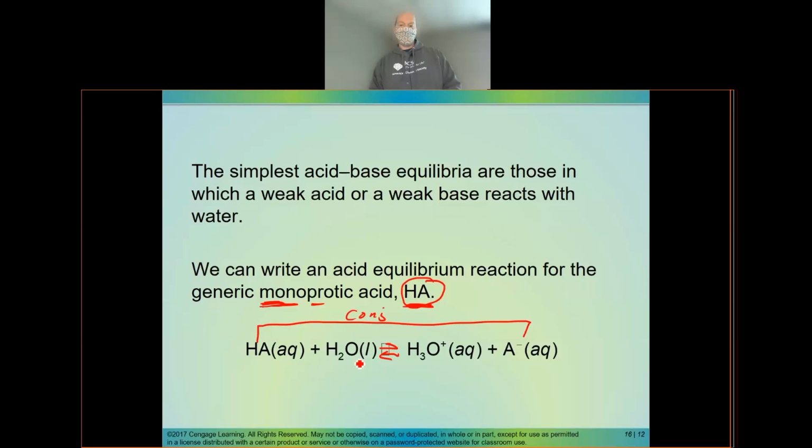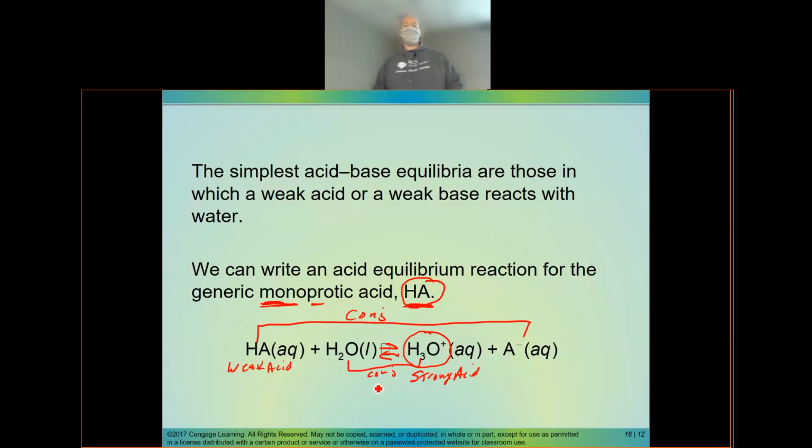You have your H2O and your H3O plus. Again, remember conjugate means differs by one H plus. Now, H3O plus, that is a strong acid. It's not in the list of strong acids because those acids are neutral, and this one has a charge, but H3O plus is a strong acid. And on this side, you have a weak acid.